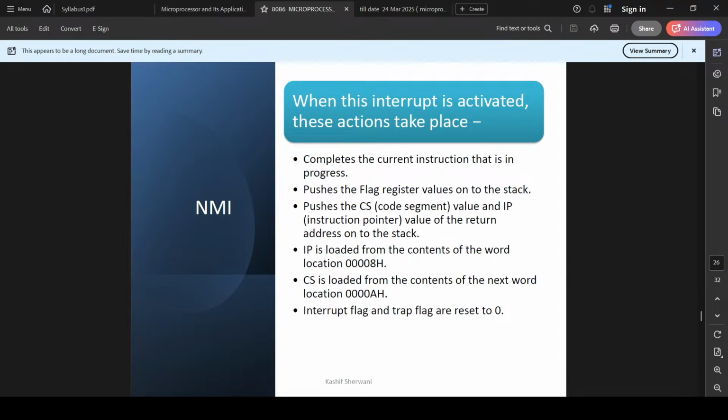It's always the location, the default, so we have to remember. So IP is loaded from the contents of the word location 0008H, and CS from the next word location. Interrupt flag and trap flag are set to 0.